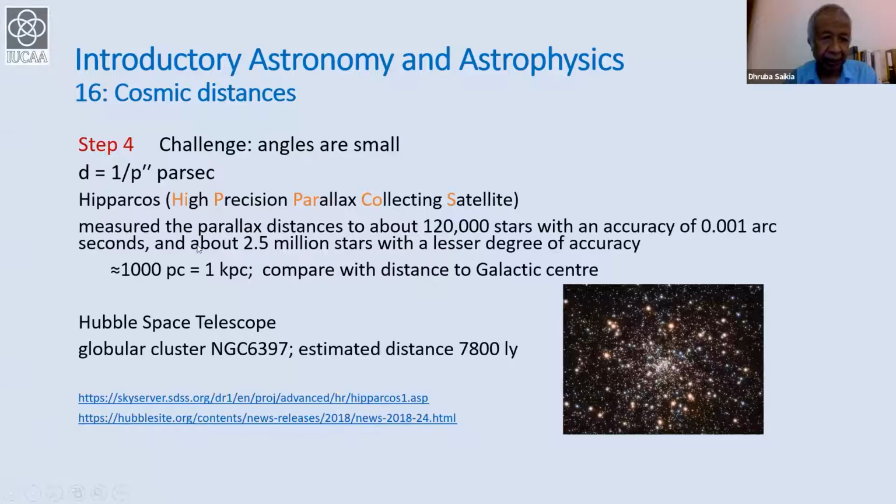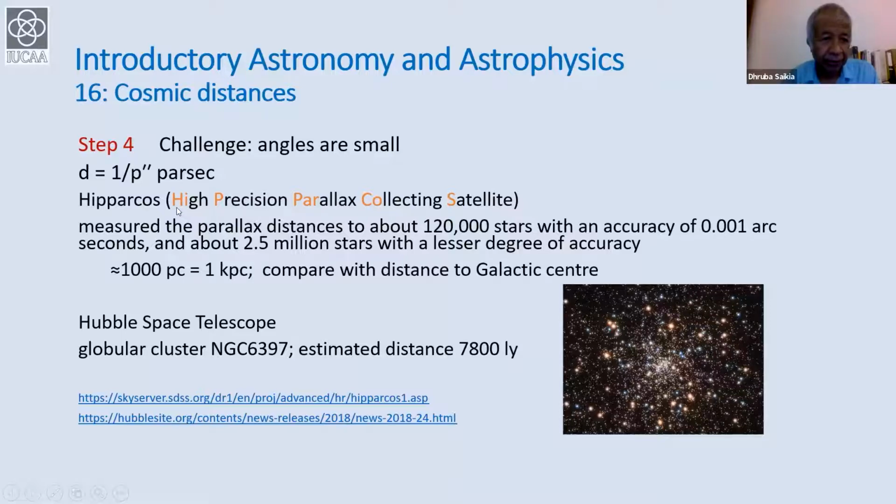Okay. So now when we come to the Hubble Space Telescope, we can observe with better resolution because we are not affected by the seeing conditions in the atmosphere, and so Hubble Space Telescope measured the distance to globular cluster 6397 and estimated a distance of 7,800 light years.